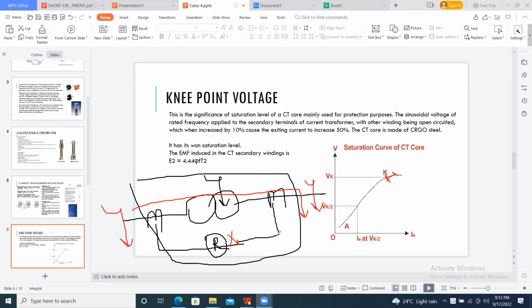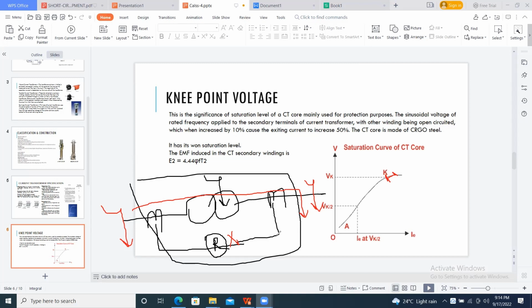If they differ, there will be a mismatch in the excitation current, causing an unbalance between the currents flowing in the secondary of the CTs, and it will trip my transformer. So I have to select CTs on either side of the transformer that have the same knee point voltage and the same magnetizing characteristics.